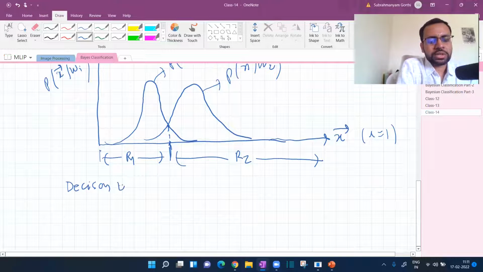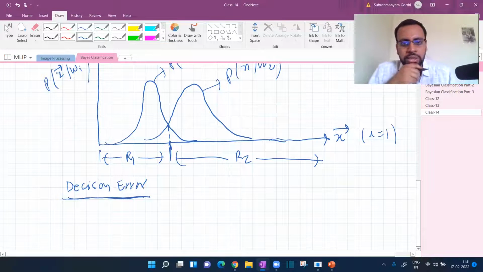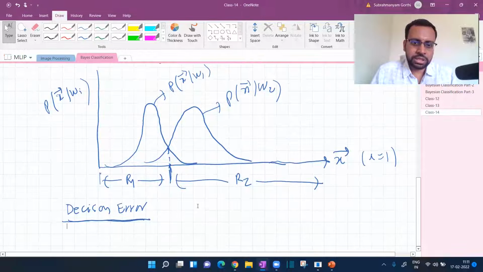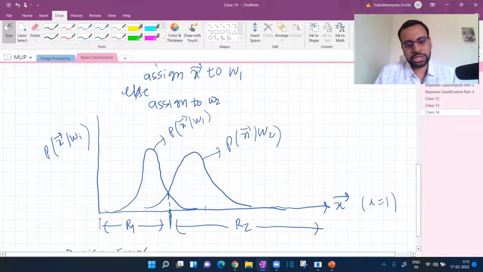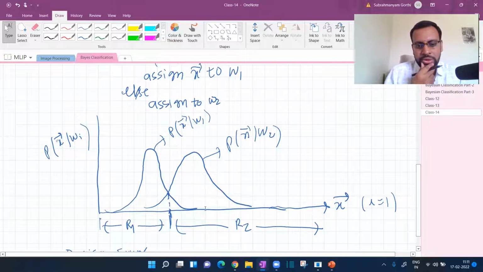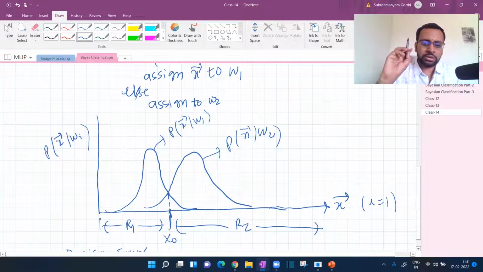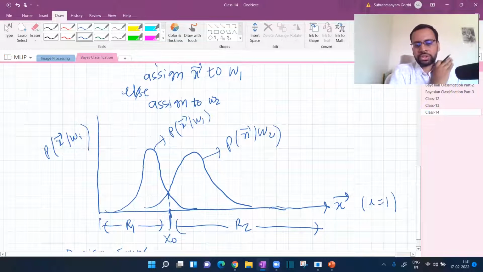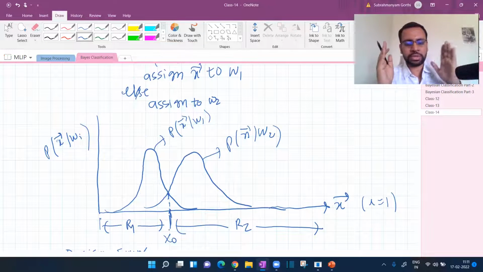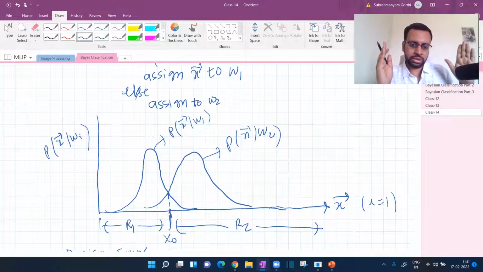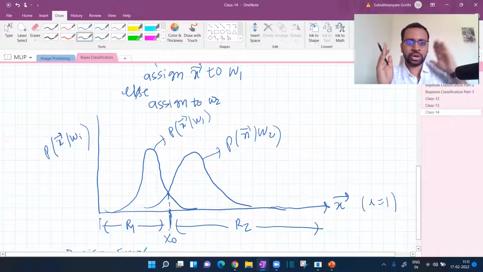Decision error. How much error could be there in these decisions I make? You could notice from this graph that in this kind of allocation, with the threshold x naught, any value less than x naught you assign to class 1.